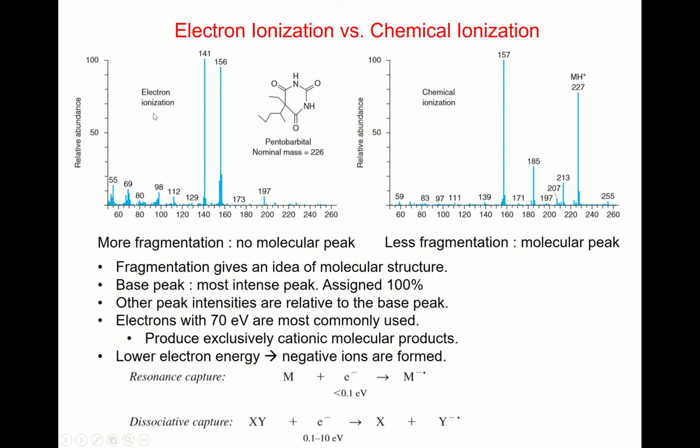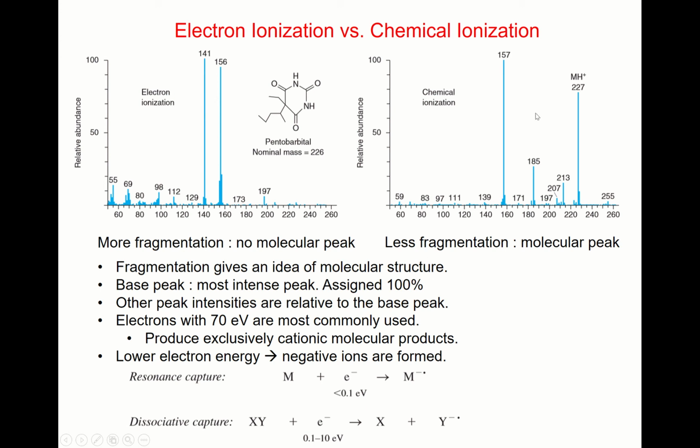So with electron ionization, there is more fragmentation. Usually you cannot see the molecular peak, but with chemical ionization you see the molecular peak here, although a proton is added. But fragmentation may be good, because the fragmentation pattern gives an idea of the molecular structure.